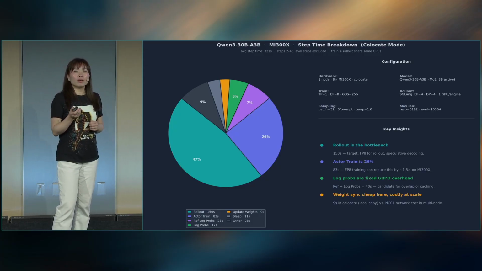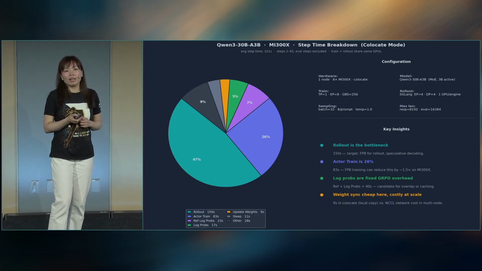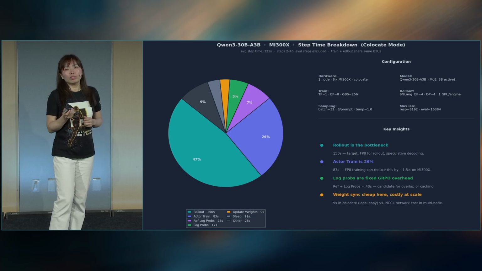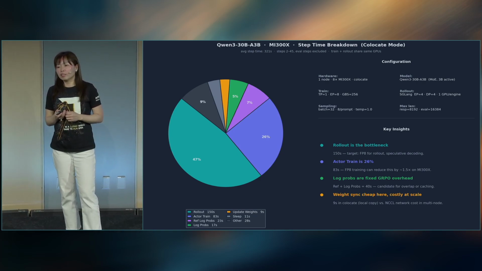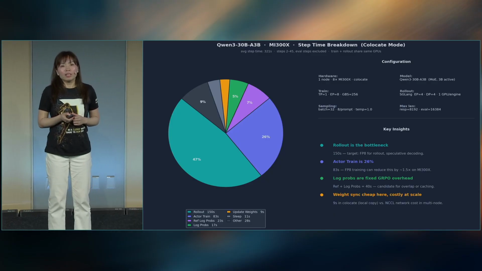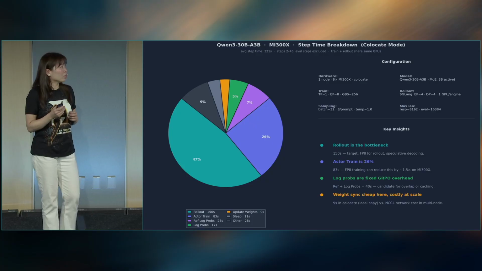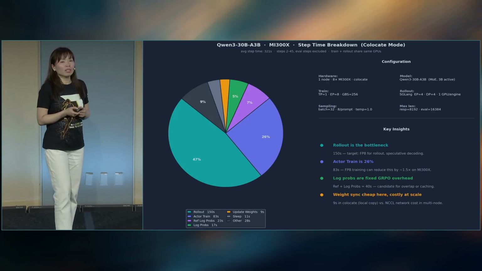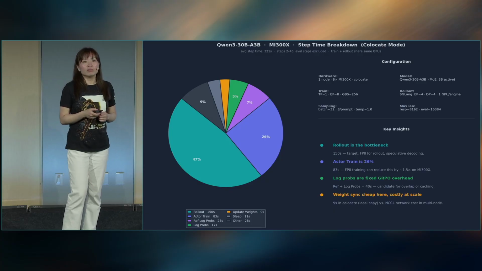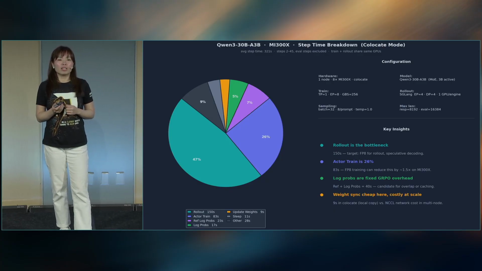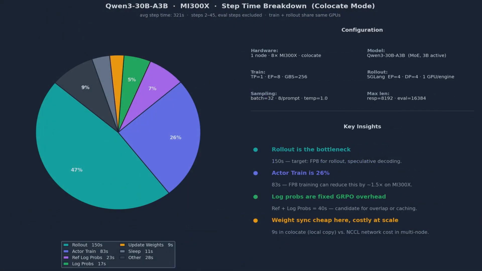The rollout phase takes about half the time, so it's the major bottleneck in RL workloads. Then actor train is about 30%, the second bottleneck. The calculation of log prob and ref log prob is about 12% in total, which is GRPO overhead. Lastly, the sync is not too much, but it will become significant if we want to scale to multiple nodes.